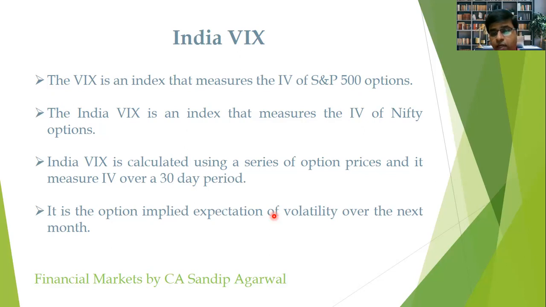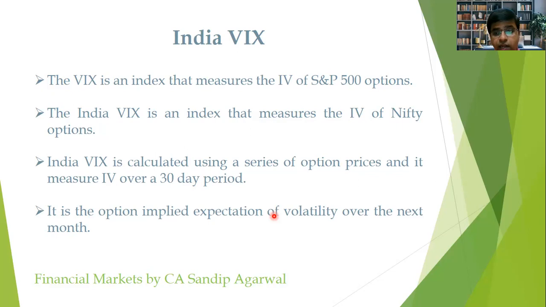So the market is expecting Nifty to trade in a range of 17,300 plus minus 5,200 over the next 1 year. It can also be broken up into monthly and weekly, which we will discuss in detail in the upcoming videos.